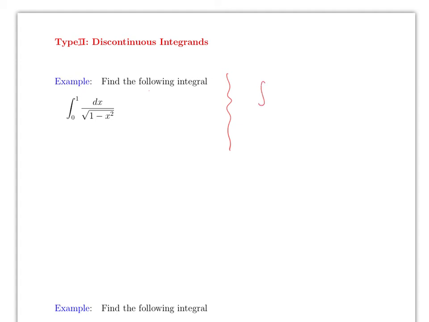If I just ask you to integrate dx over the square root of 1 minus x squared, everybody should know that that's sine inverse of x plus c. And that's it. Again, notice that the difference between this integral and this one is just the limits of integration. But in this particular case, if you look closely at the number 1, 1 squared is 1 and 1 minus 1 is 0. So you're dividing by 0.